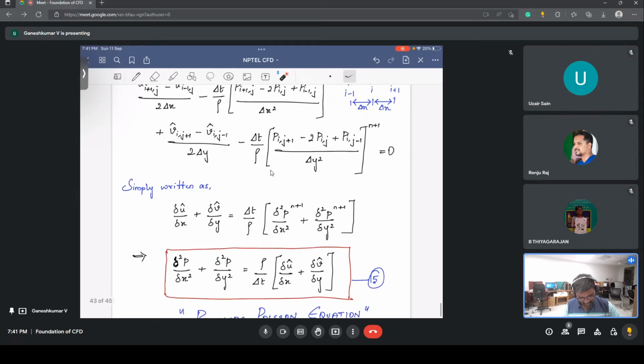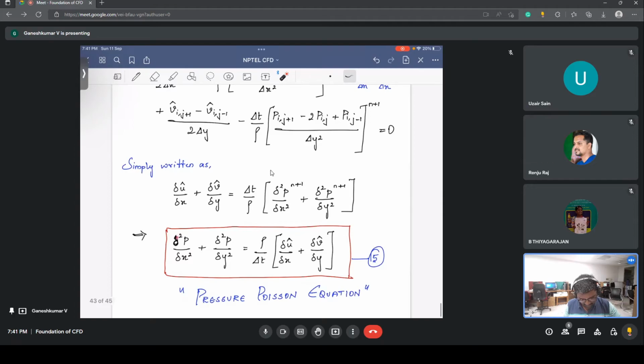So if we rewrite this as del square p by del x square, del square p by del y square, and I'm just taking rho by delta t to the other side to get this equation 5. So you see this equation 5 is actually called the pressure Poisson equation. So we are getting pressure from the predicted velocity and satisfying continuity.